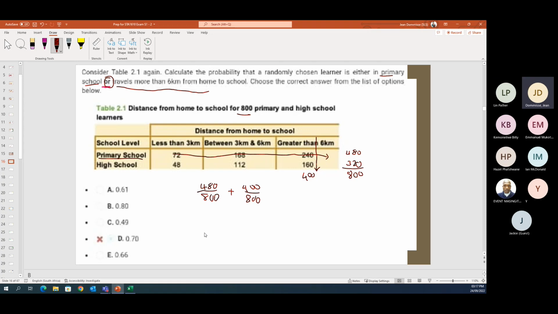Okay, so 400 divided by 800 is 0.5. 480 divided by 800 is 0.6. Okay, so if we add those together, we get 1.1, not an option. So what am I missing?